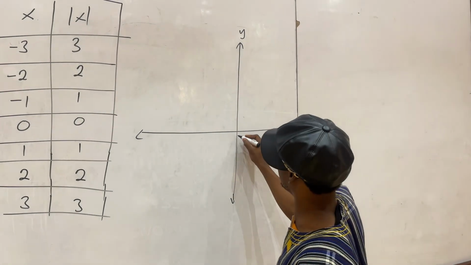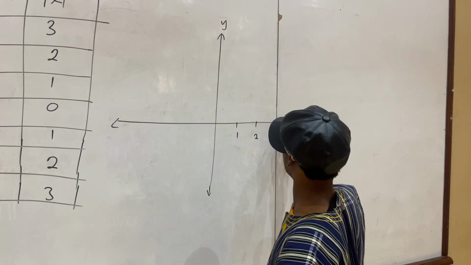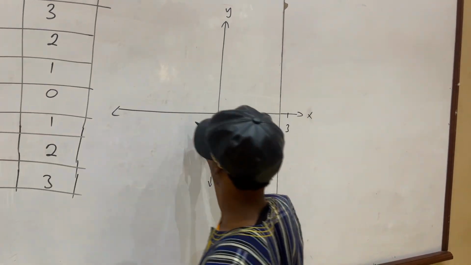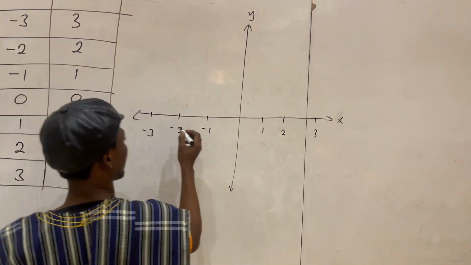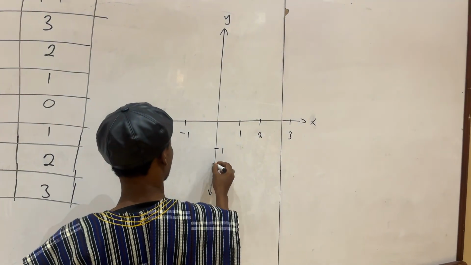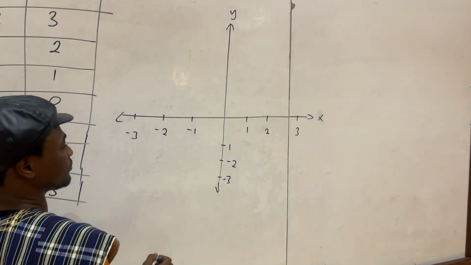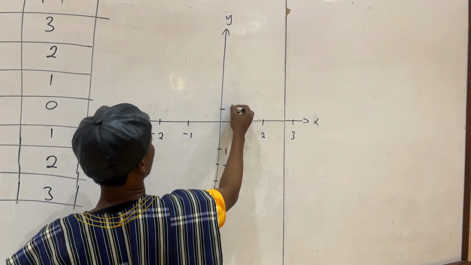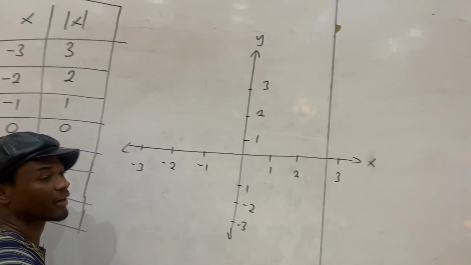So if I have 0 here, this is 1, 2, let's say this is 3, negative 1, negative 2, negative 3 this way. I have 1, 2, then let's say 3 over here.